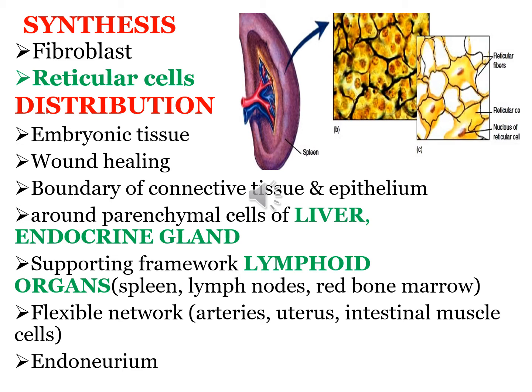Abundant reticular fibers characterize the stroma of hemopoietic tissue, bone marrow, and some lymphoid organs like spleen and lymph nodes, where they support rapidly changing population of proliferating cells and phagocytic cells. So they are found in the embryonic tissue, wound healing, in the liver, endocrine glands, lymphoid glands, spleen, lymph nodes, and form a flexible network around the vessels.